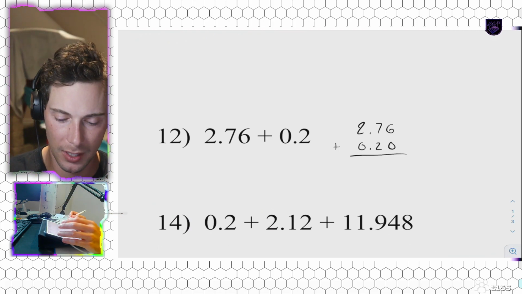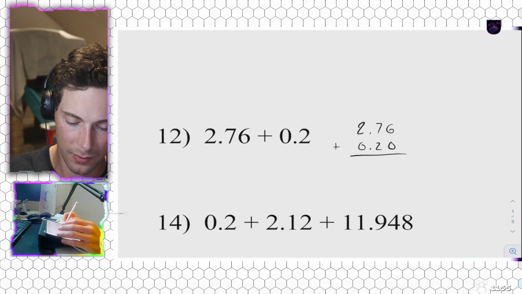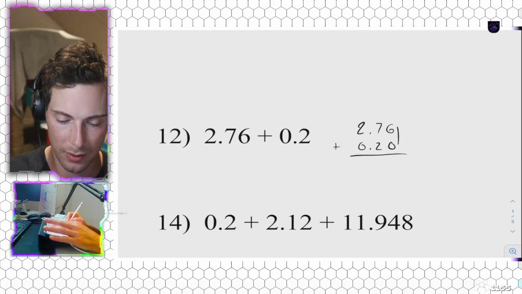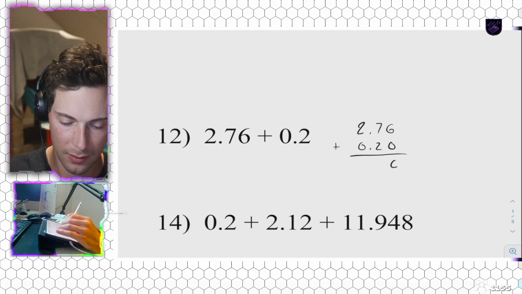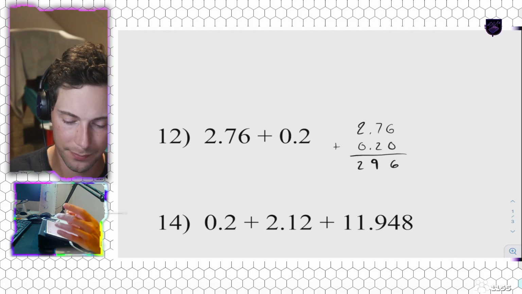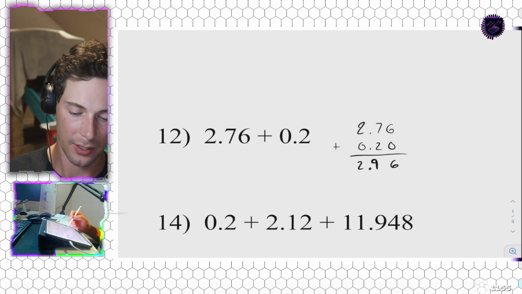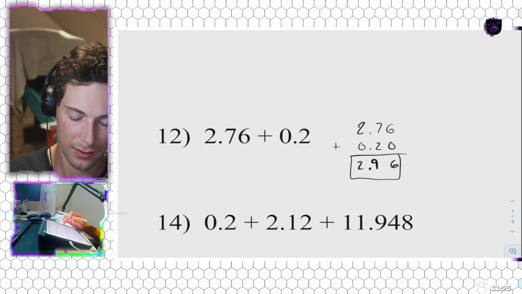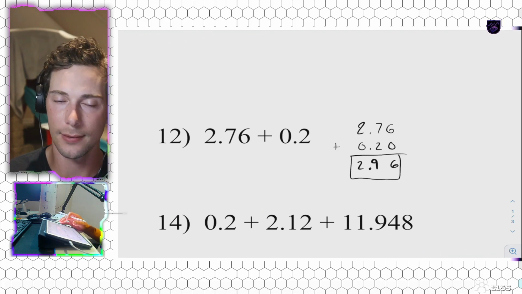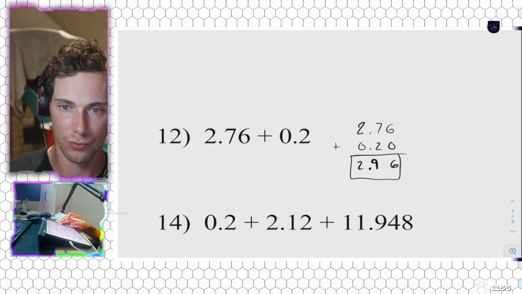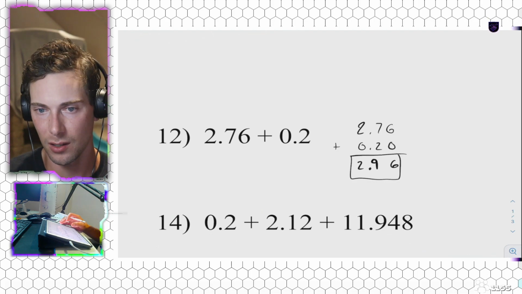That's all we're doing. So we're going to go 6 and 0. That's going to be 6. 2 and 7 is going to be 9. And 2 and 0 is 2. And of course, we need to add our decimal. Our answer is going to be 2.96. Or 2 and 96 hundredths.